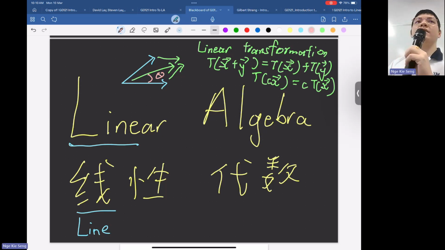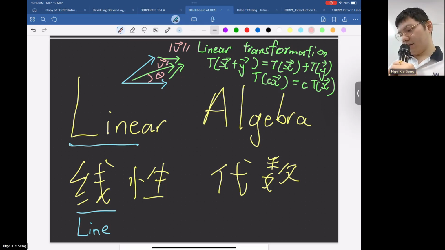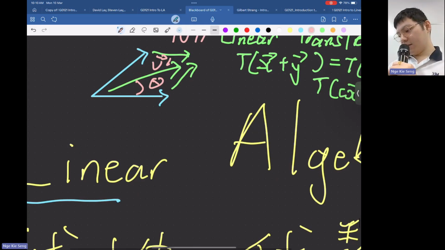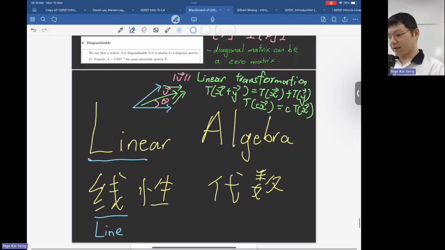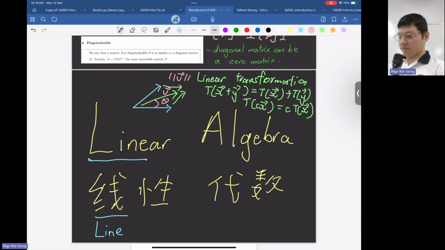So angle is another thing to capture how these lines react with each other, and also the length. So out of these lines, we will know angle and length. These two quantities. Let me write down length and angle.